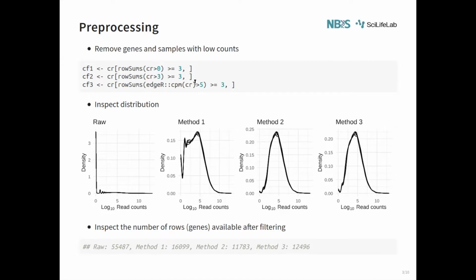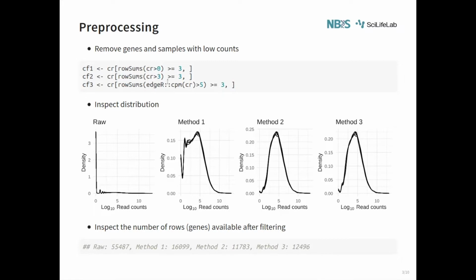In this case, we are first converting the raw counts to counts per million, so we're controlling for the sequencing depth difference, the total number of sequence reads per sample. And then we are saying, okay, if the count per million is greater than some number, then it's true. And then the rest is the same.